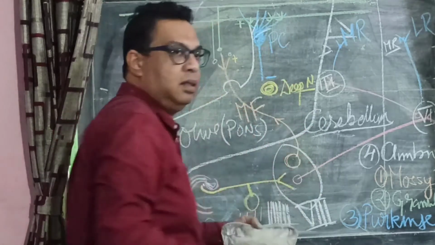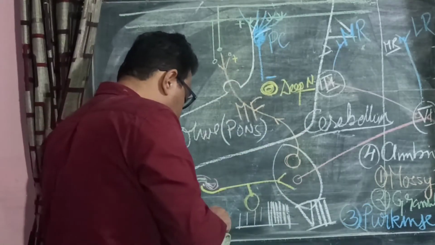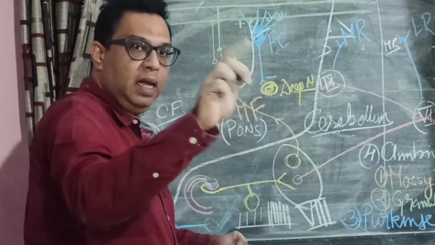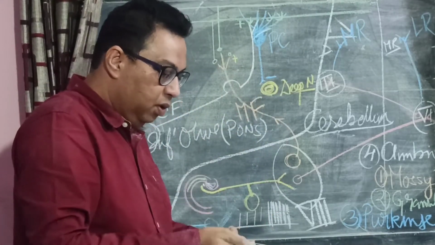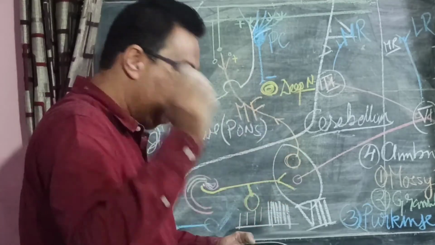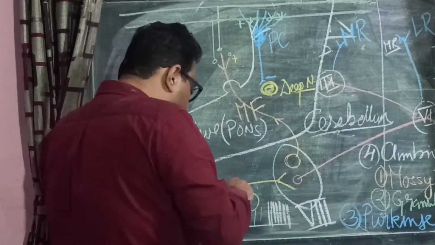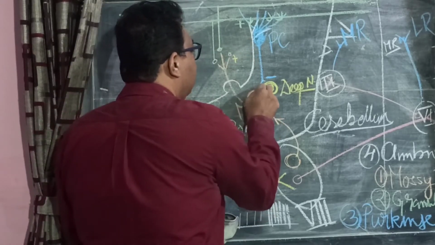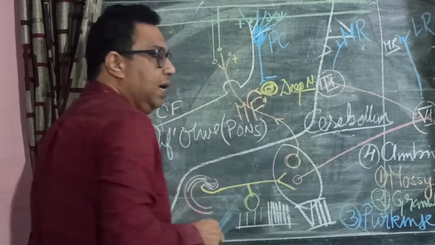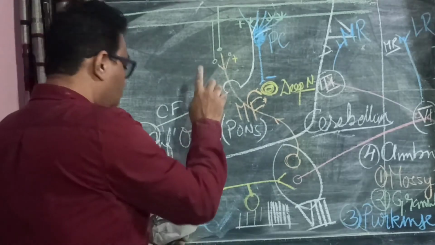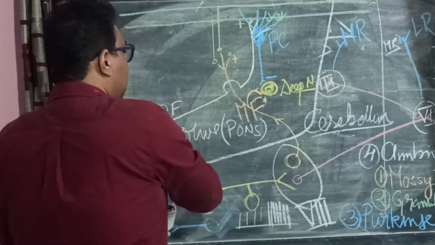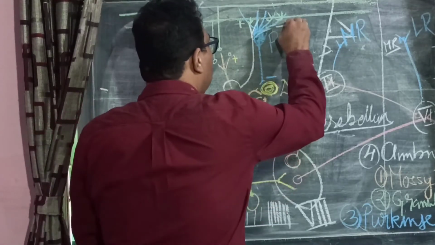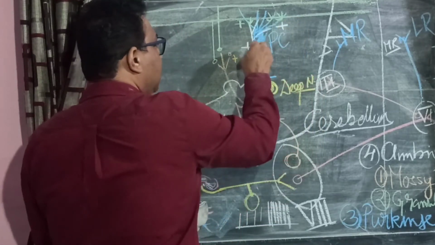The Purkinje cell will be inhibiting any of the group of neurons from each of the four nuclei. Please also know, while going to the granule cells, the mossy fiber is stimulatory to the deep nuclei. Similarly, while climbing up to the Purkinje cells, the climbing fibers are stimulatory.